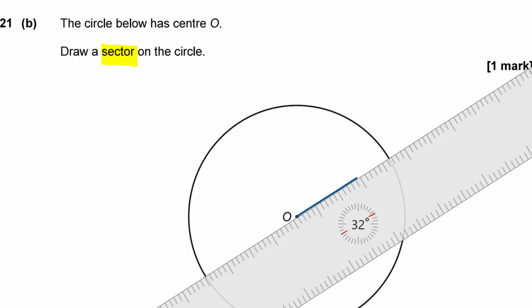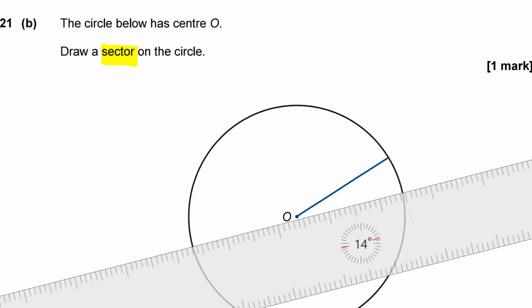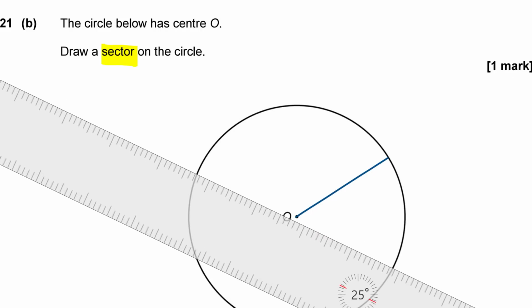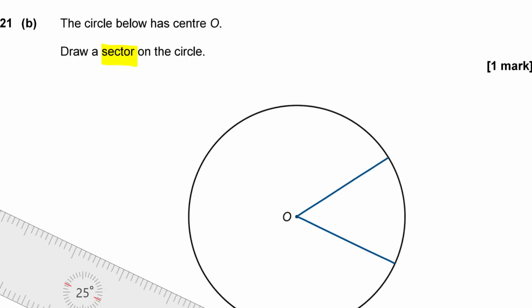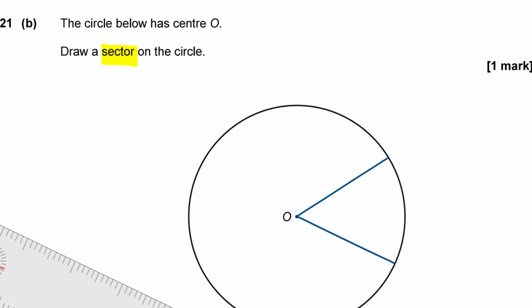So there's one, and I just need to do another one in another direction. Okay, so a sector is made up of 2 radii, and the arc between them. So that there is a sector.